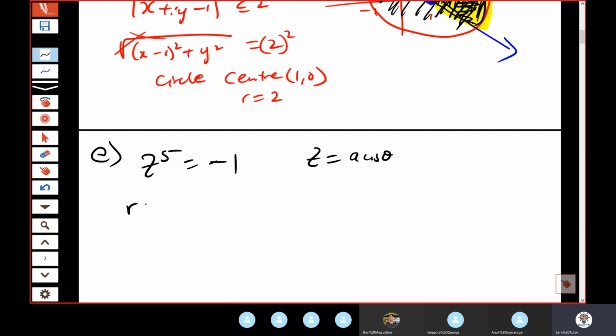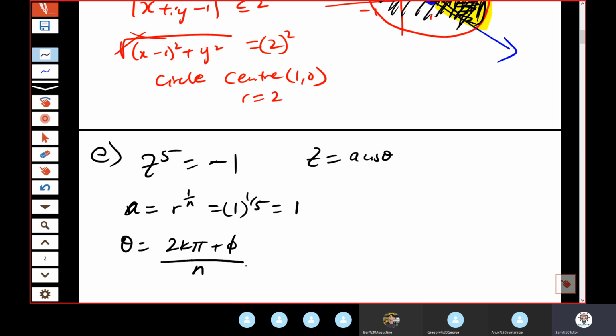If you remember, we needed to find A, which is your modulus to the power of 1 over n. What's your modulus here? 1, because you can't have a negative for modulus. So 1 to the power of a fifth, which in this case is still 1. That's it. Theta equals, we said the formula is 2k pi plus phi all over n.